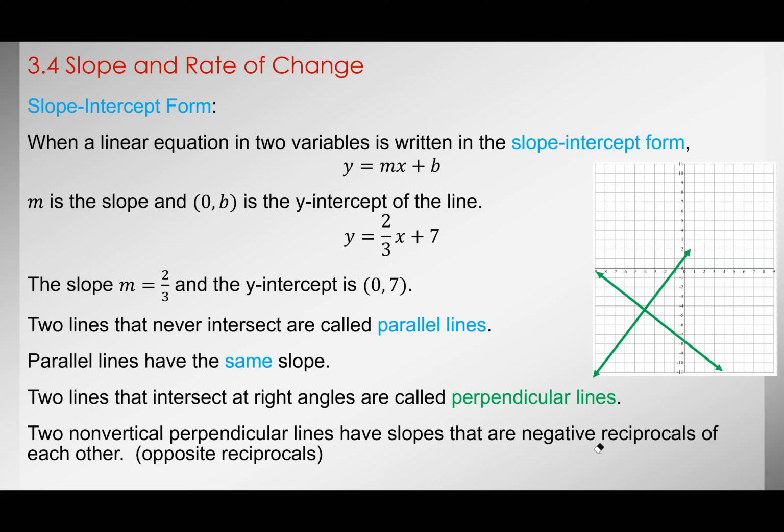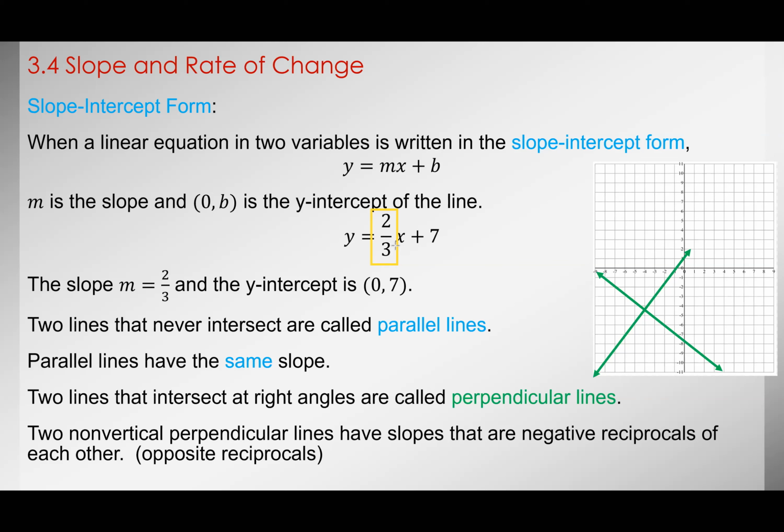Or if I have one line with slope 2/3 and I want to find a perpendicular line, then the perpendicular slope will be -3/2. It has to be a negative reciprocal, or the opposite reciprocal. Okay, so in order to be perpendicular, it has to be the opposite reciprocal.